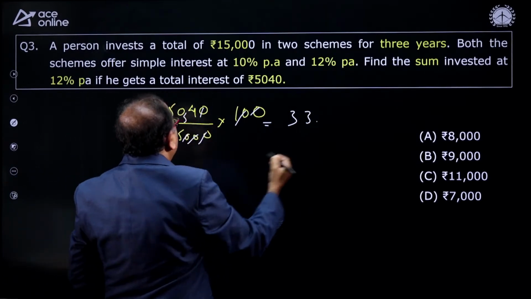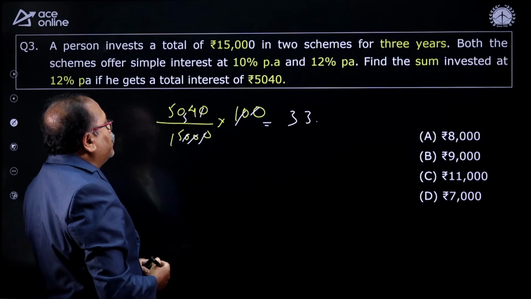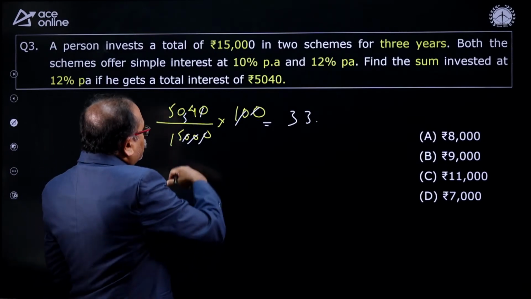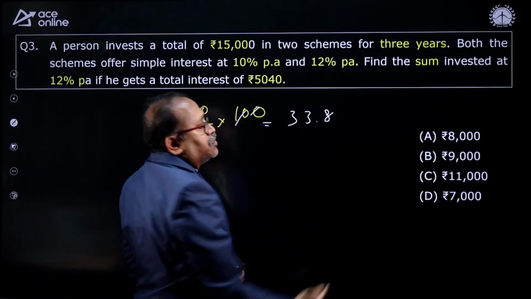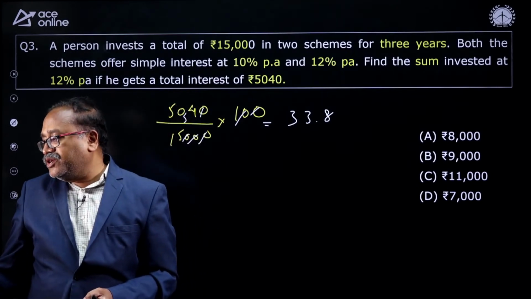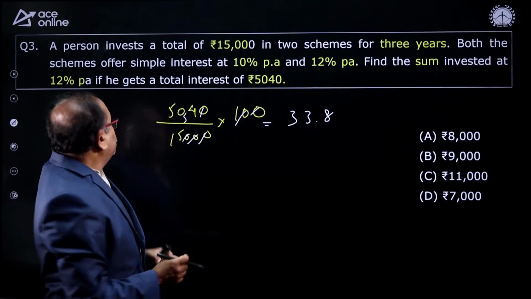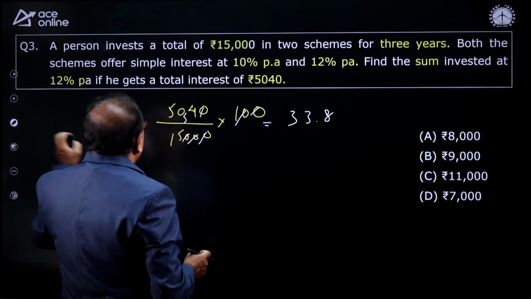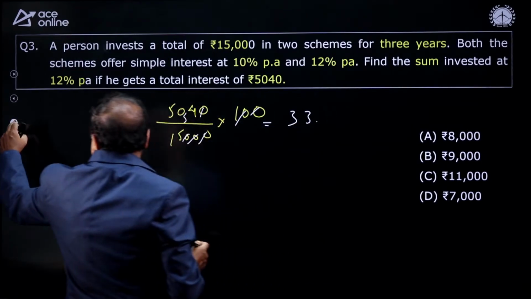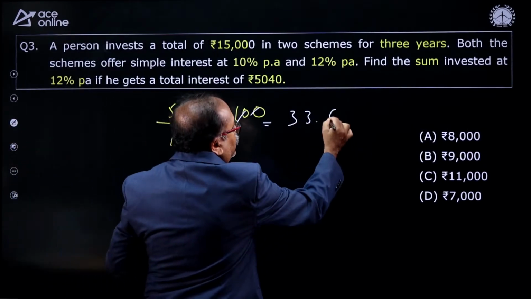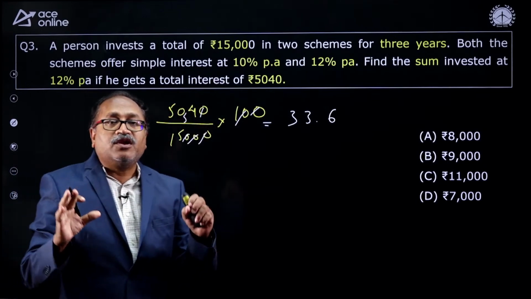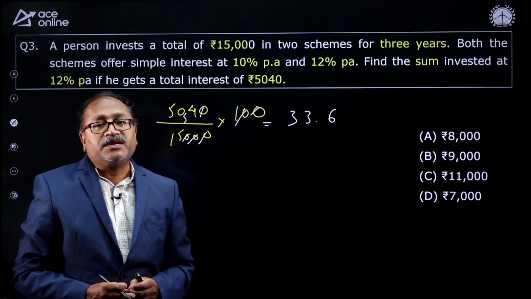Again 15 times 3 is 45, and I am left with 9. So 15 times 6 is 90, so that comes to 33.6. This is the overall percentage interest.